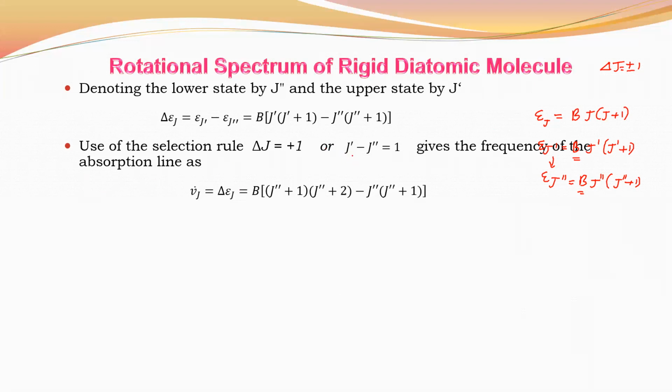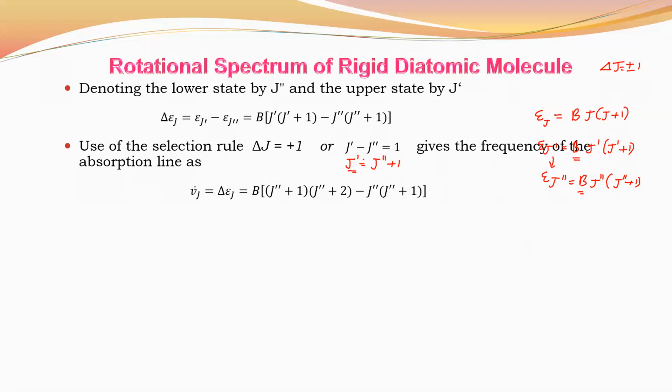Here we can represent delta J is equal to plus 1, that means the difference in J values, J dash, it is the upper one. J dash minus J double dash is equal to 1, or we can write J dash is equal to J double dash plus 1.